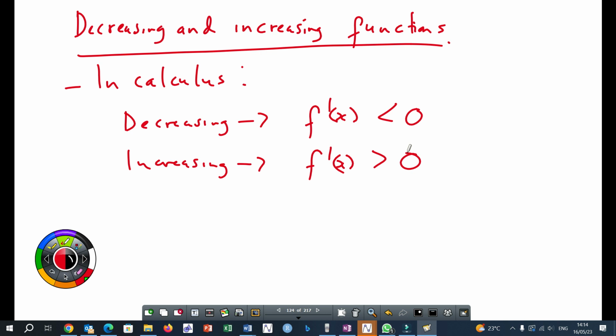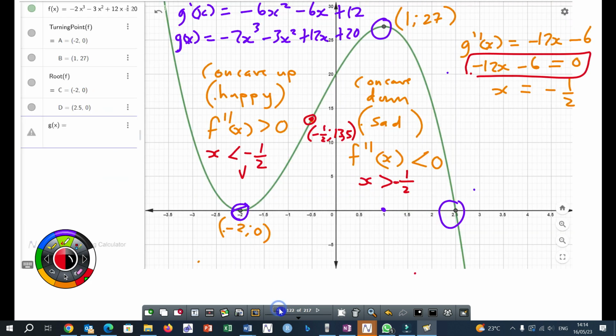Right? So as your class exercise, for what values of x is this function, let's say increasing? For what values of x is it increasing? x is between -2 and 1. Pay attention, please. Right, so this graph, it is increasing from this point all the way up to that point.